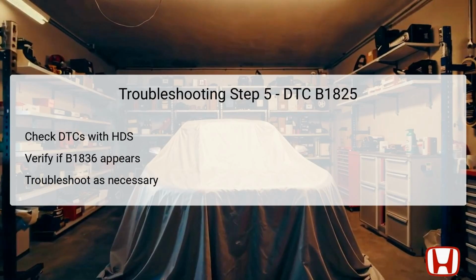In this fifth step, you check for DTCs using the Honda Diagnostic System, HDS, again, specifically looking for DTC B1836. The appearance of B1836 alongside B1825 could indicate a related issue, so it's essential to troubleshoot B1836 if present.